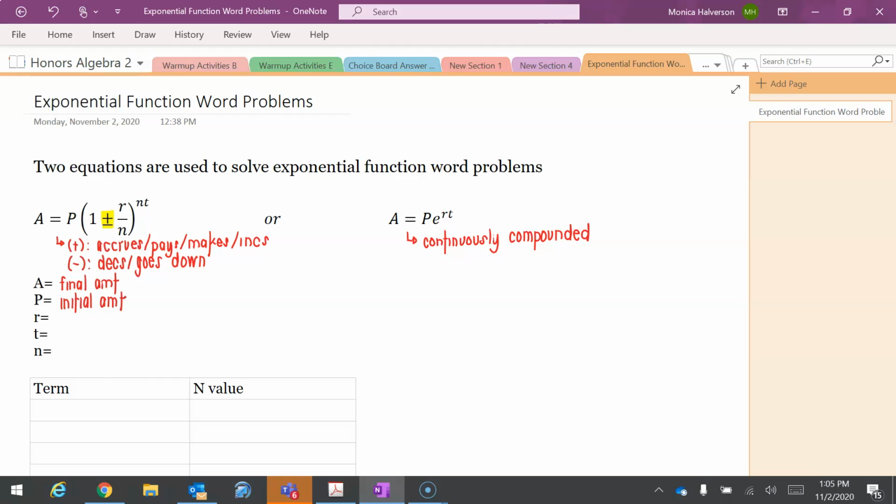R stands for the rate, and this is always going to be in decimal form. So you're going to have to convert your interest rate, or the rate that the population is increasing or decreasing, into decimal form. Time is in reference to years.